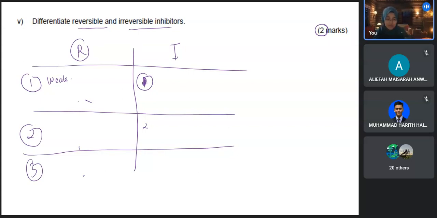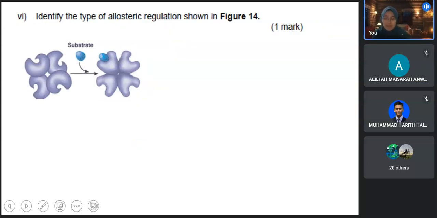But for irreversible inhibitors, enzyme is totally disrupted. So enzyme unable to function anymore. Okay, cannot function anymore. Okay, so next question, identify the type of allosteric regulation shown in figure 14.